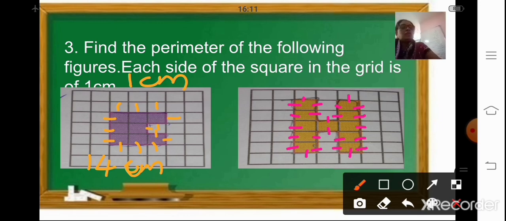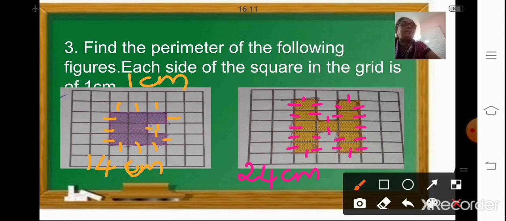So the perimeter of this figure is 24 units or 24 centimeter. We just add 1 centimeter for each square side, because each side of the square in the grid is 1 centimeter.